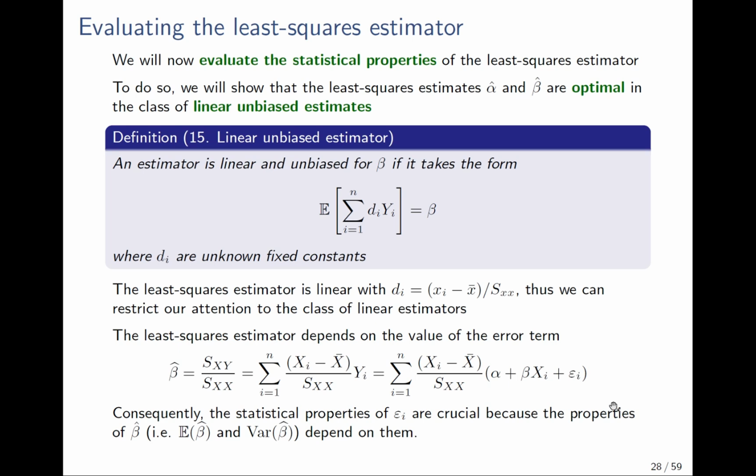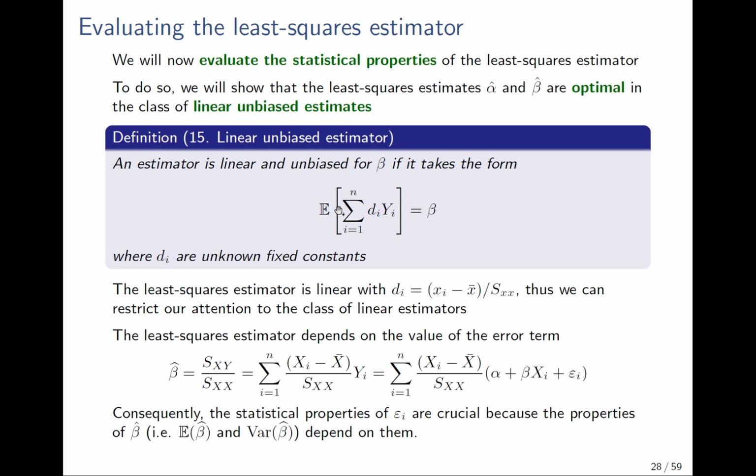Okay, so evaluating the least squares estimator. To do this, what we want to do is show that the least squares estimates alpha hat and beta hat are optimal in the class of linear unbiased estimators. That's what we're going to do. So first of all, we're going to define what's meant by a linear unbiased estimator. Now, an estimator is linear and unbiased if it takes this form here.